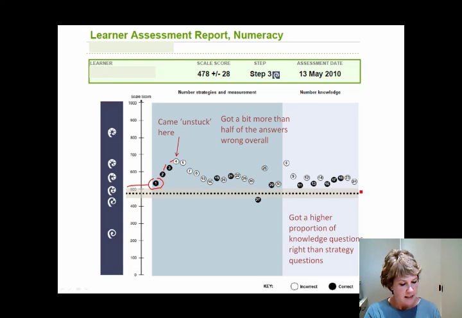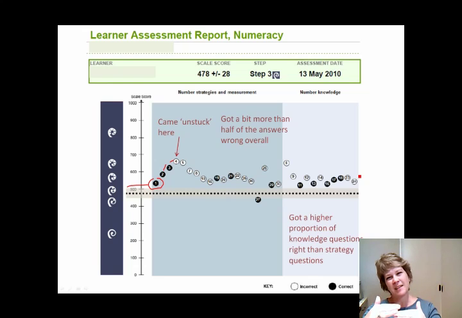This fact that the learner got a greater proportion of the number knowledge questions correct is probably quite common in the numeracy assessment, because the number knowledge supports the number strategies.